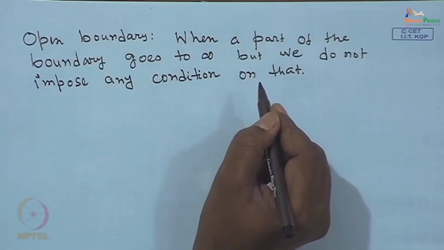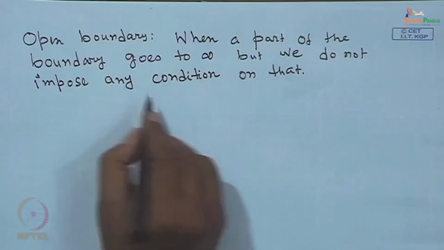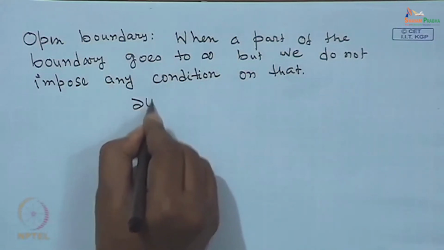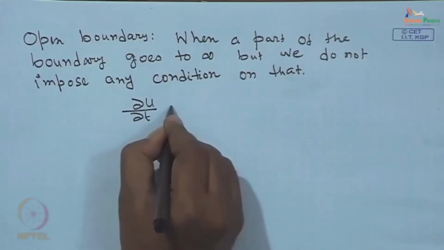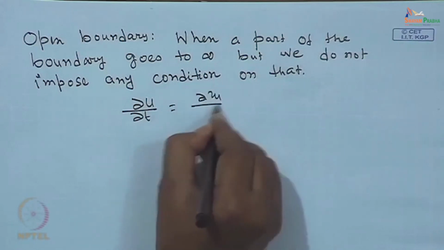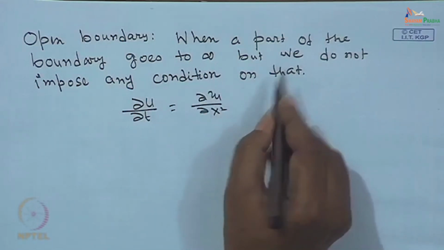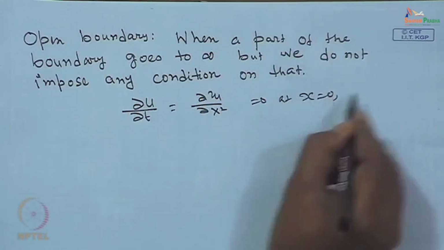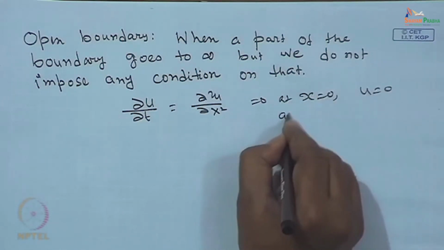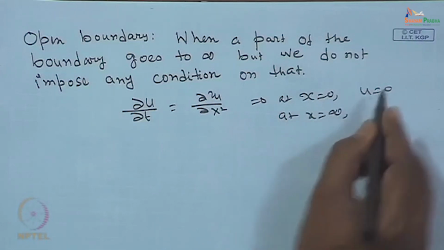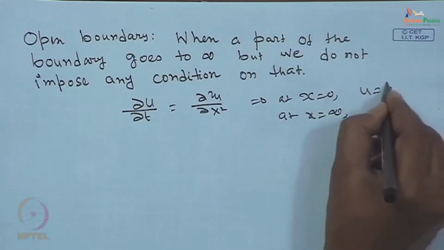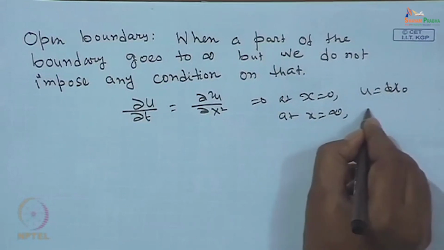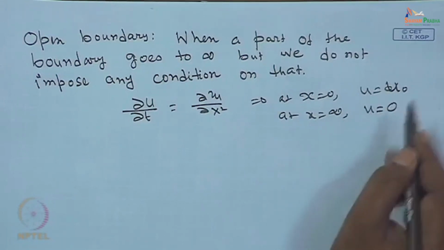Okay. So, I will give an example for this particular problem. Let us say del u del t is equal to del square u del x square. Now, in this case, at x is equal to 0, u is equal to u naught, at x is equal to infinity, u is equal to 0.